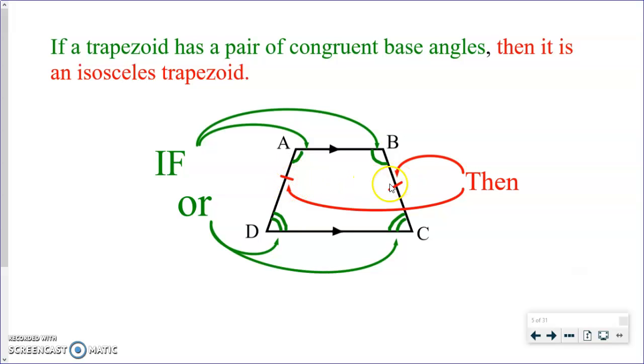So the legs are going to be congruent also. So if you know that A and B, this pair of base angles, are congruent, or if you know that this pair of base angles are congruent, then that means it has to be isosceles.